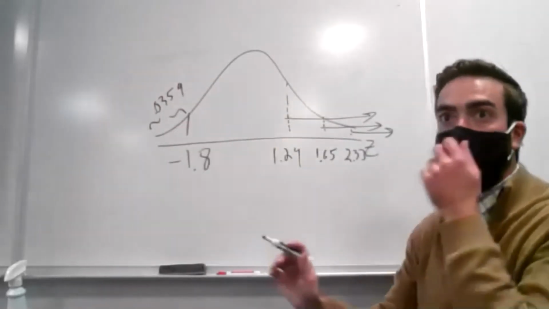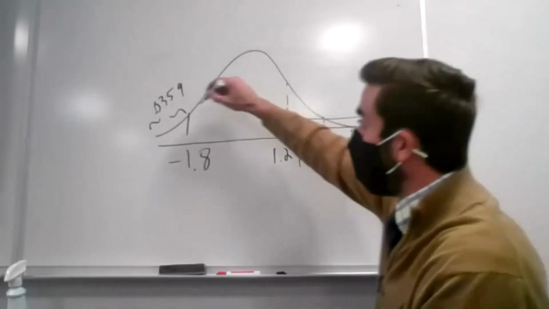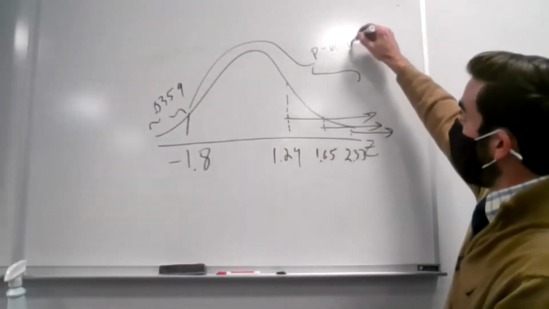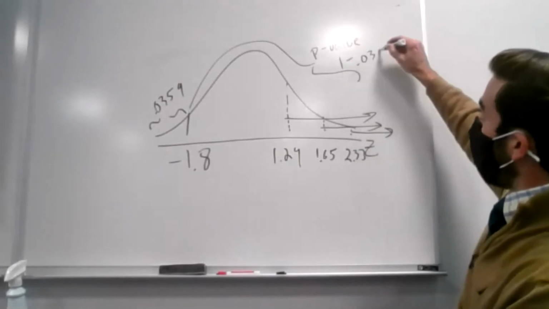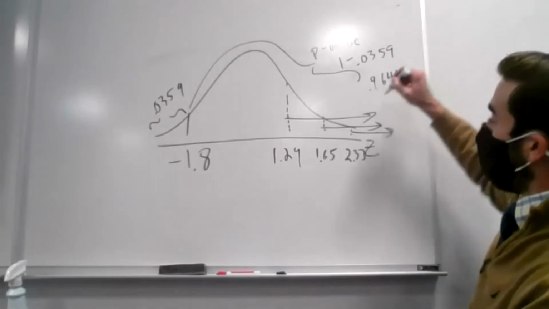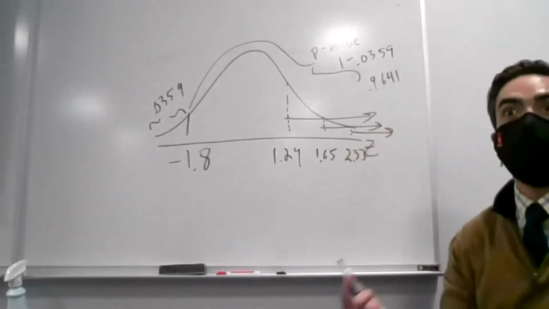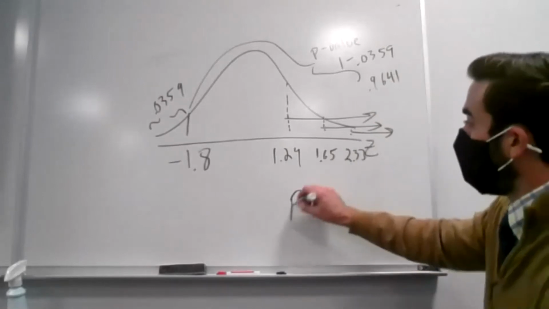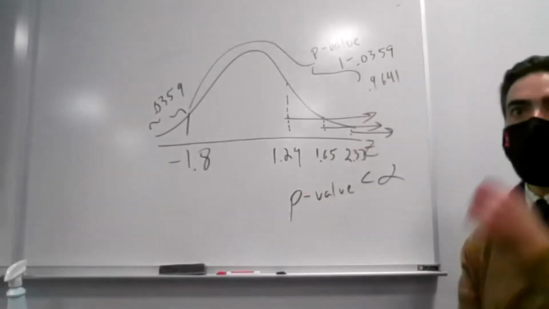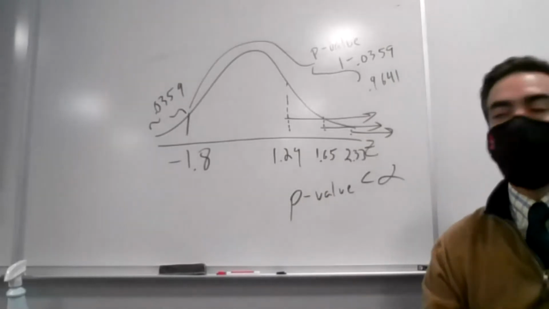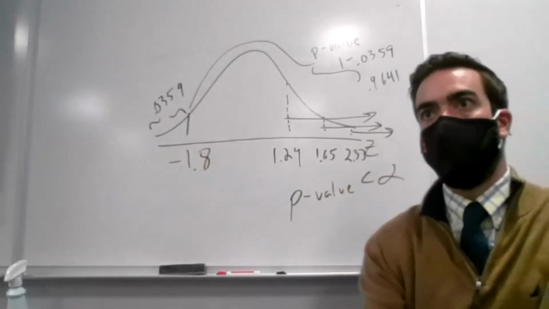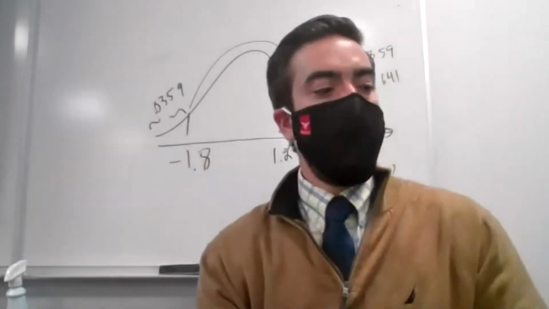But if I wanted the p-value, remember, it's a right-tailed test, I actually wanted the area to the right, which would have been my p-value, or 1 minus that 0.0359, so 0.9641. So I get a p-value here that's huge. Well, remember, we only reject if the p-value is less than alpha. A p-value of 0.9 is not going to be less than any alpha we have, which makes sense because we found evidence that supported the null hypothesis here.